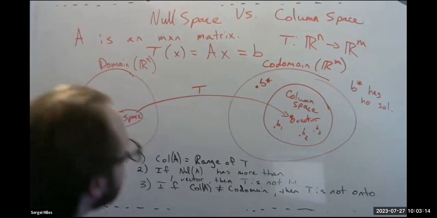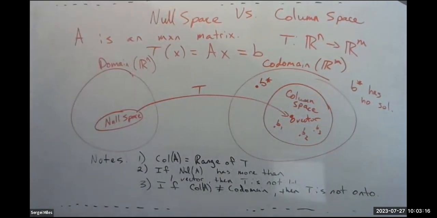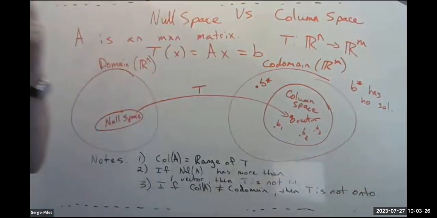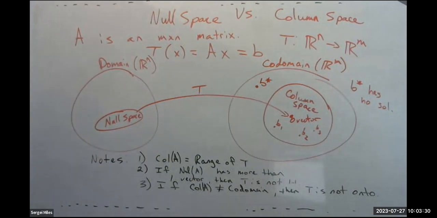So again, we're seeing that this null space and column space, these subspaces associated with the matrix equation, have special relationships with one-to-one and onto. And again, we're going to highlight these relationships more so when we start talking again about the invertible matrix theorem. We're going to come back to that, but we're going to do that later, not today.